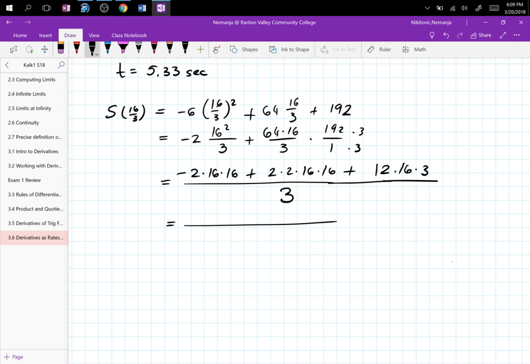So I can factor out 4 times 16. So what's left? Take 4 out of here: 4, so -8. Plus 4 times 16, there's a 16, plus, that's a 3, 9 times 16, over 3.